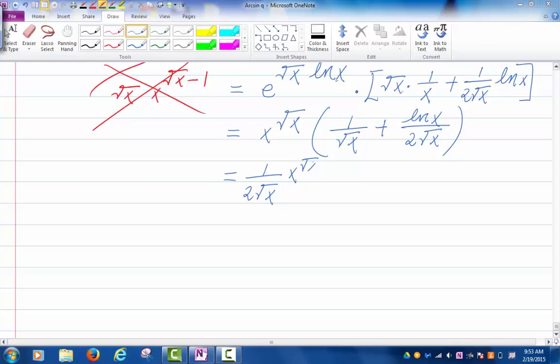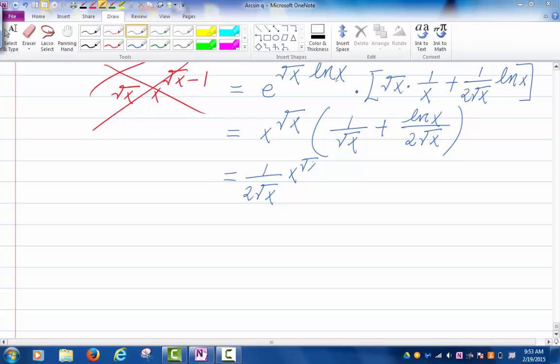All right. So I was going to write 1 over 2 root x times x to the root x multiplied by what would I get within the parentheses? I'm going to get a 2 plus ln of x, right?